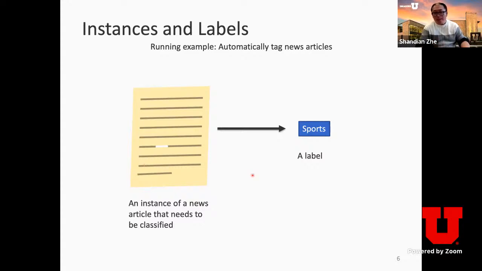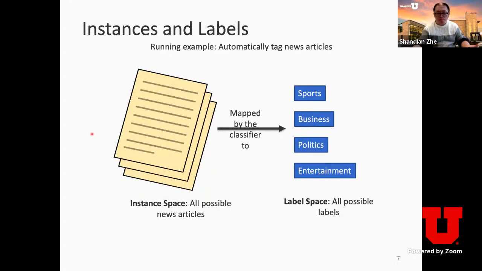So that means we tag a label sports on this particular article, right? Of course, we might tag a lot of articles, right? We have many articles generated every minute from online, or from newspapers, right? Also we have a set of interested tags, or interested labels which we want to tag those articles, right?